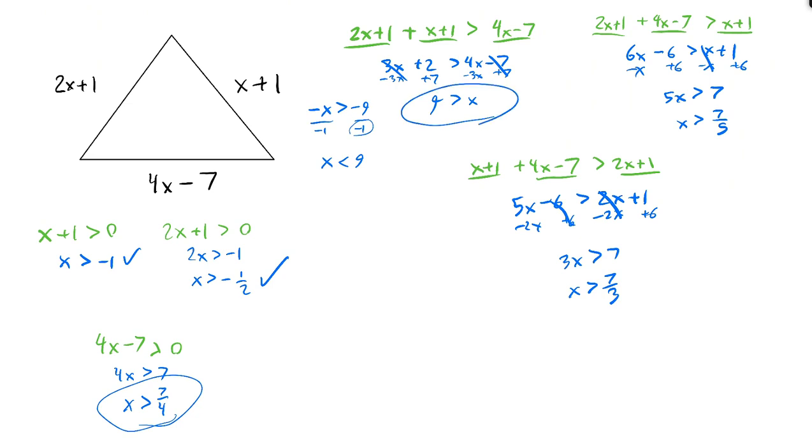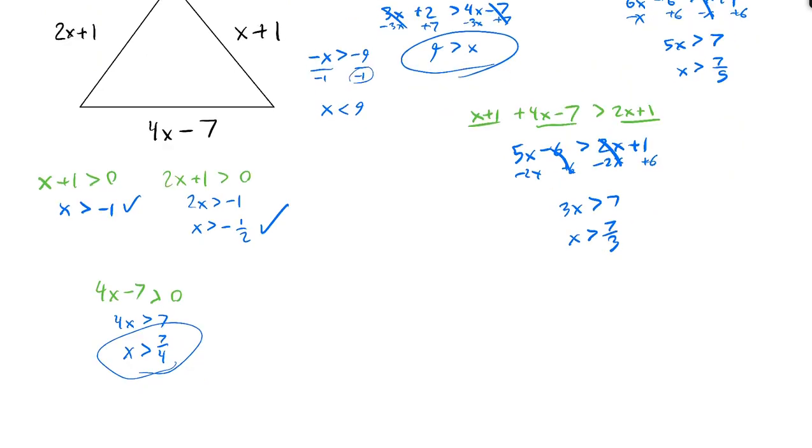So here's the one where x is smaller than something. That's the only one where x is smaller. So part of our answer is x has to be smaller than 9. And then the question is, what does x have to be bigger than? Well, x has to be bigger than 7/5 and 7/3 and 7/4. That's funny how it all works out that way. So which of those is most restrictive? Well, think about that.